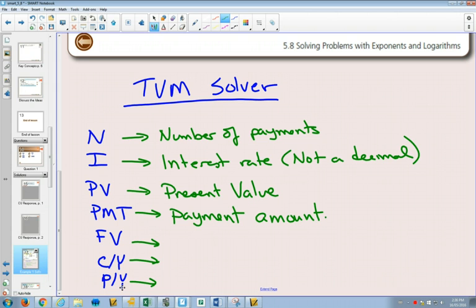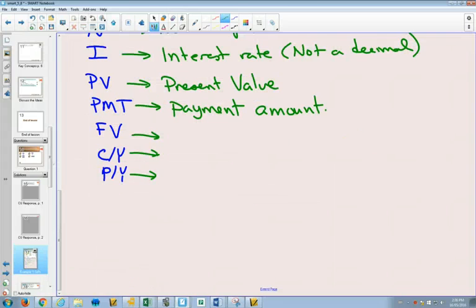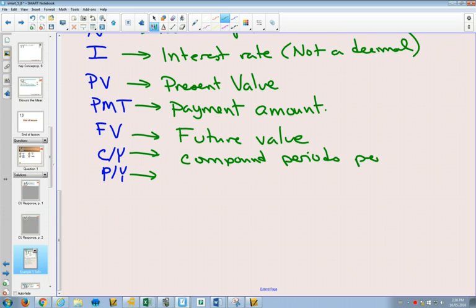PMT stands for your payment or your payment amount. FV is the future value. C/Y is how many compound periods there are per year. And this is how many payments you make per year.